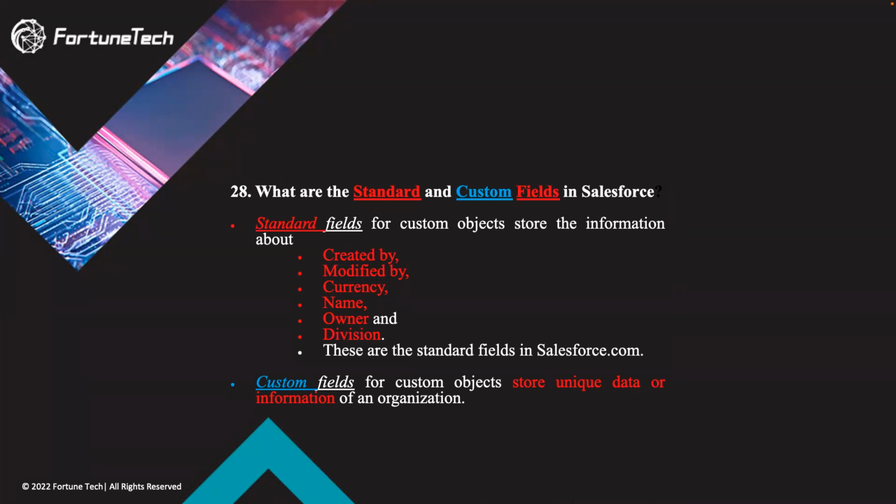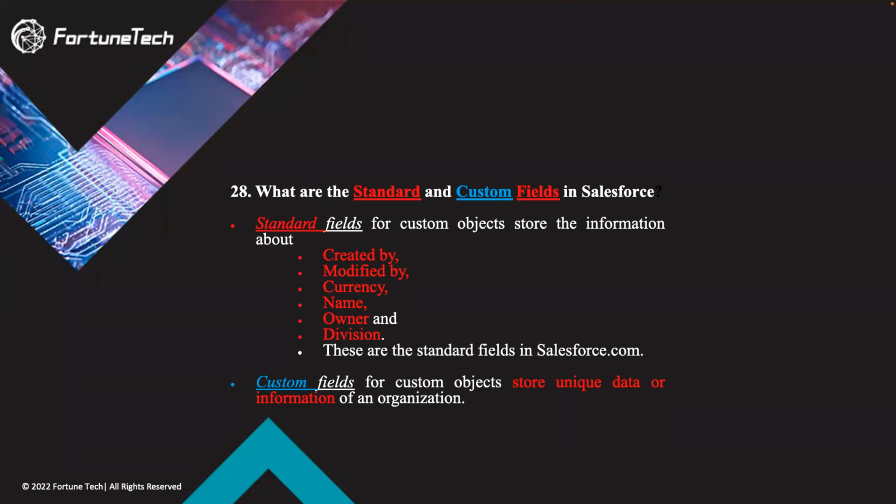So we talked about custom and standard fields. Why are we using custom fields, and is there any limit for custom fields? It depends on the license; I know there is a limitation. When you say license, you mean the editions? Yes, that's correct.